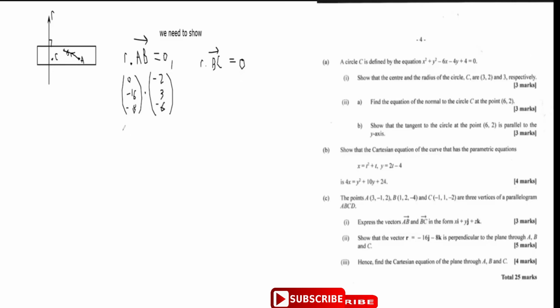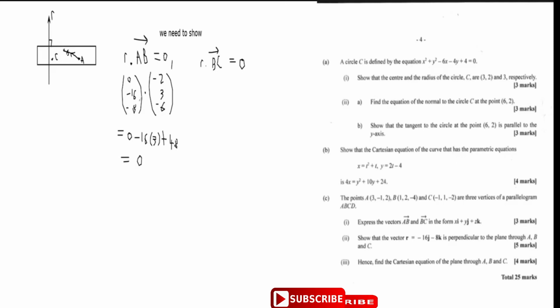Taking the dot product, 0 times minus 2 is 0. Then I get minus 16 times 3, and minus 8 times minus 6, that is plus 48. And this is working out to be 0. So absolutely, yes, so far they're perpendicular.